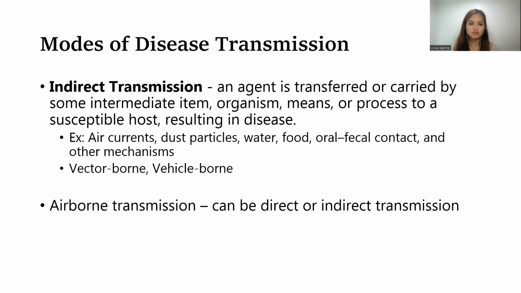While airborne transmission can be direct or indirect transmission. So if it's very close contact, then that would be direct transmission. But if the infectious agent is carried through the air through quite a distance, then that would be indirect transmission.